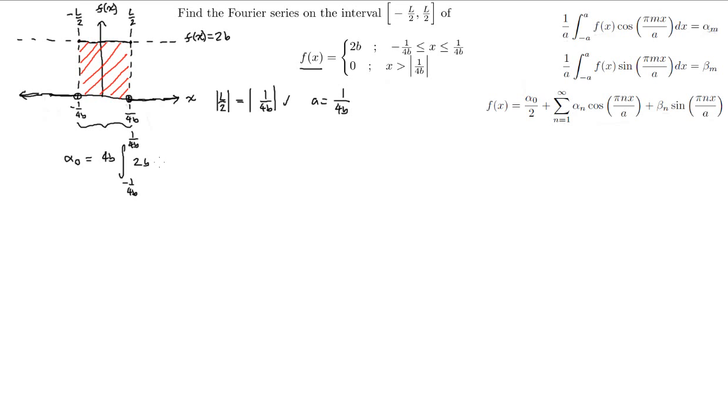So times 1 dx, and this is a pretty easy integral to evaluate. We'll have an 8b squared times x evaluated at these bounds. Well, that's just going to be 1 over 4b minus a negative 1 over 4b.